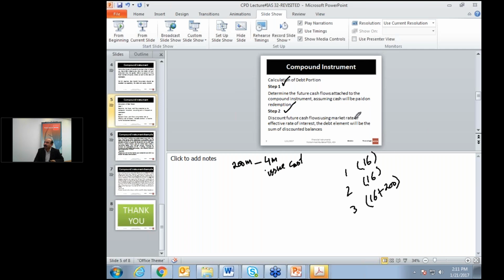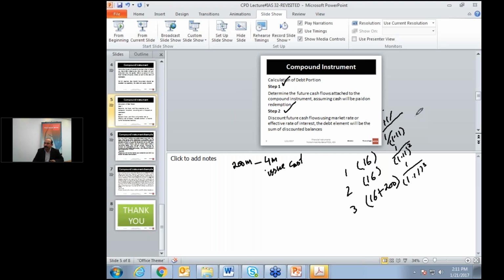Now step number 2. Discount future cash flows using the market interest rate. The market interest rate is given, that is 11%. So we will discount. For the first year, the discount factor will be 1 divided by 1.11. You can see the table as well for 11% discount factors. For the second year, this will be the discount factor, and for the third year, this will be the discount factor.